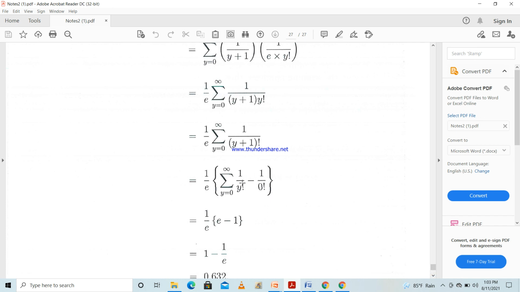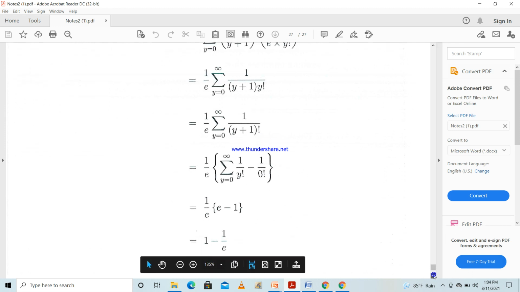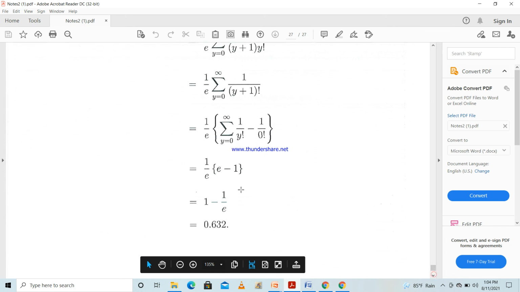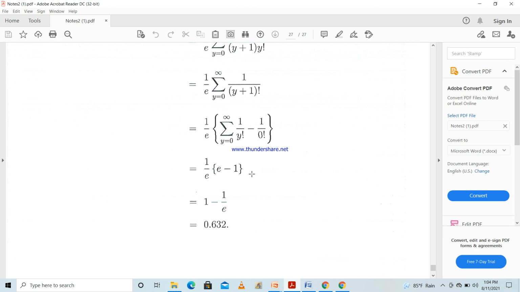This series, the sum of 1 over y plus 1 factorial, starting from factorial 1 rather than factorial 0, we can replace by e minus 1. If you simplify further, 1 over e times e is 1, and 1 over e times minus 1 is minus 1 over e. So you will end up with the probability 0.632.